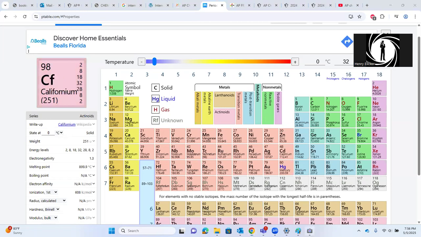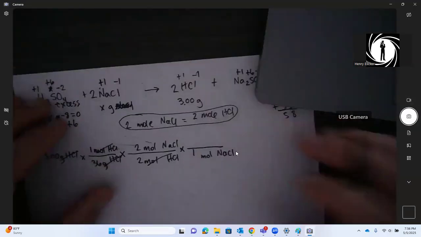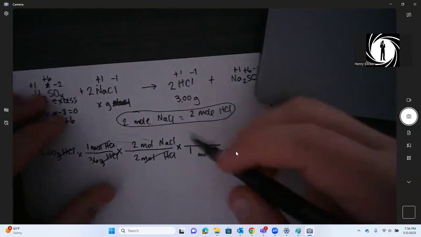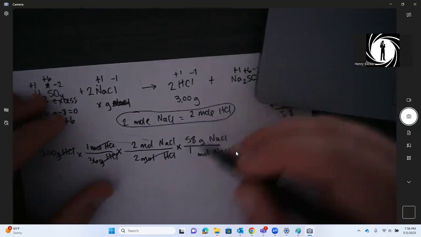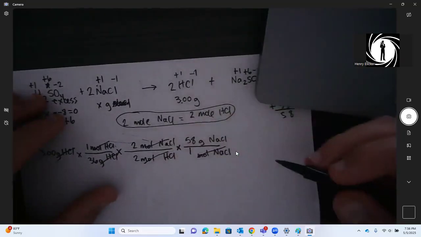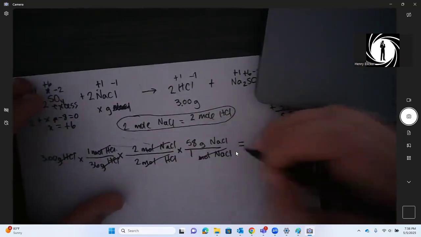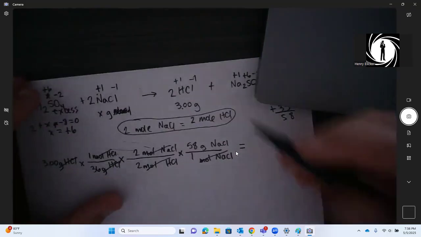Sorry, I just suck at math right now. So 58 grams of NaCl. The moles cancel, okay? And we're actually going to get the thing that we actually need.